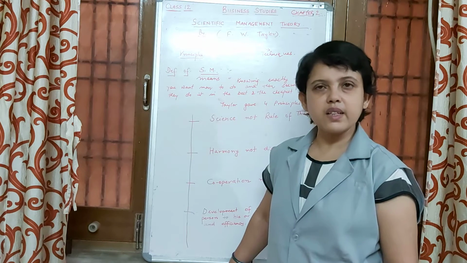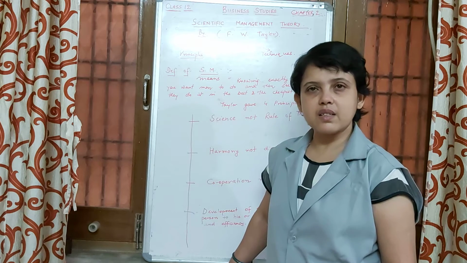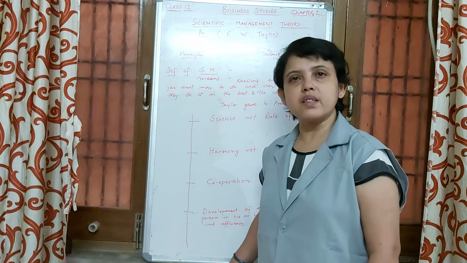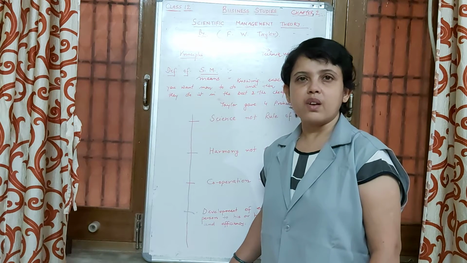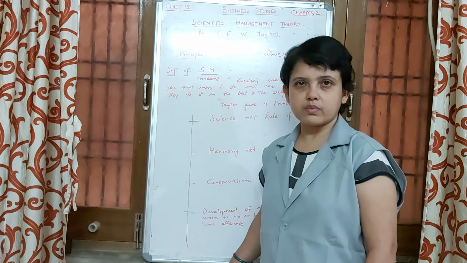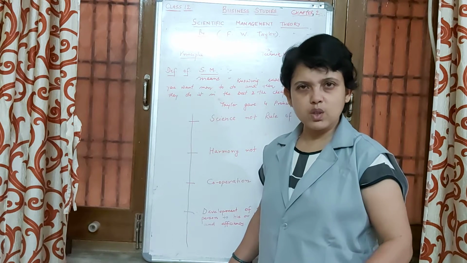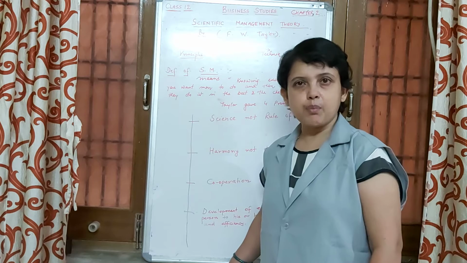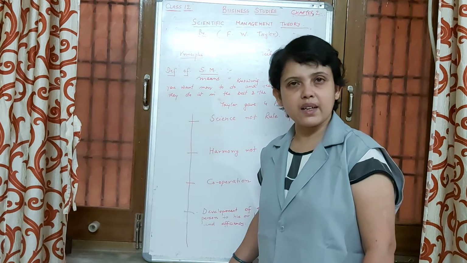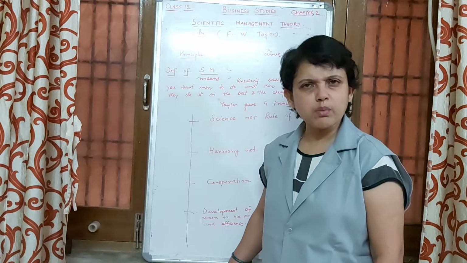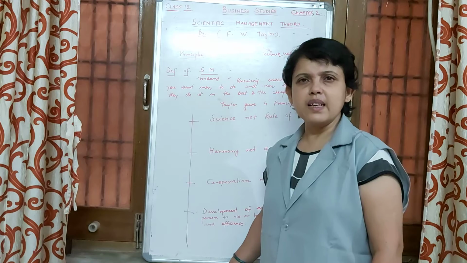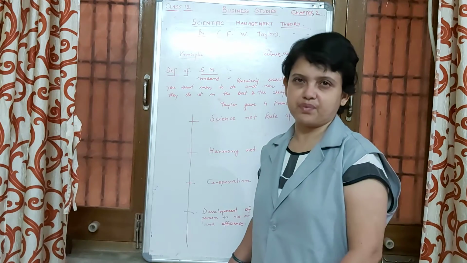He started his career as an apprentice machinist in a factory. As he was working as an apprentice machinist, what he observed was that there were so many shortcomings or drawbacks in the factory system of production.